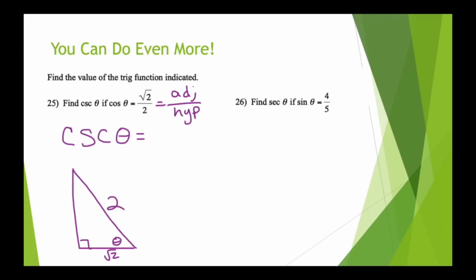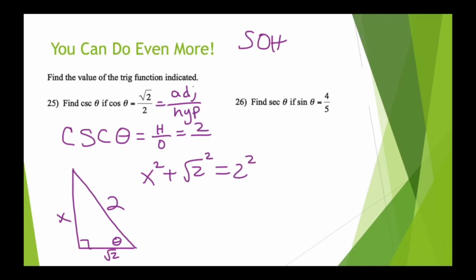The cosecant theta is the reciprocal of sine. Sine was our SOHCAHTOA, here's our SOH, opposite over hypotenuse, so the reciprocal will be hypotenuse over opposite. We need the opposite. We have the hypotenuse. So we're going to have to use the Pythagorean Theorem. We're going to have x squared plus square root 2 squared equals 2 squared.